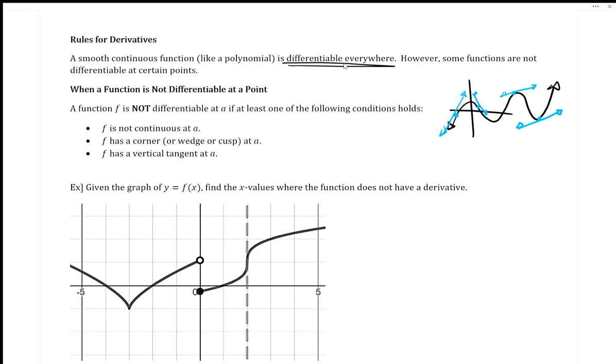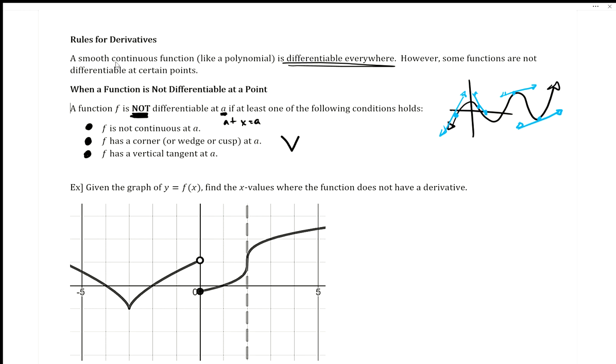However, if there are sharp corners or if there are other things, that's these three, a function will not be differentiable at those x values. It says a function f is not differentiable at a, they might say at x equals a, so x equals a number, if at least one of the following conditions hold: f is not continuous at a, or f has a corner or a wedge or a cusp.